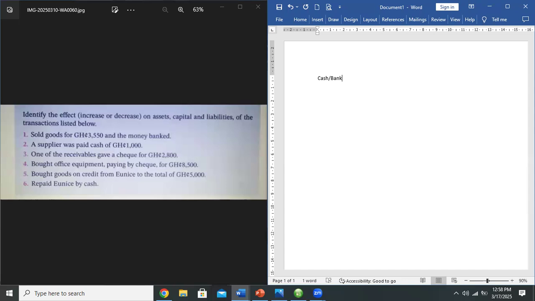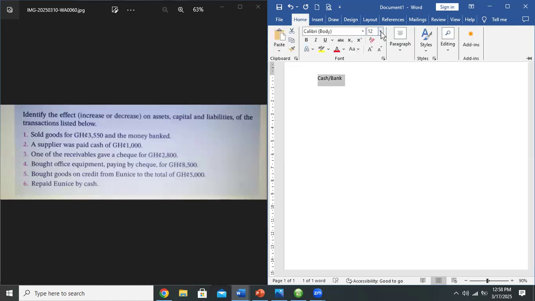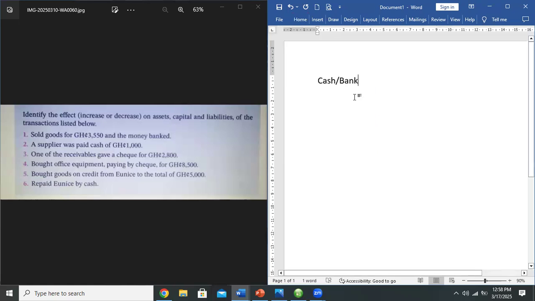If we are comfortable, then I think I can introduce the double entry principle so that we make progress. So what is the double entry principle? As we have indicated, transactions affect the assets, liabilities, and capital of a business.